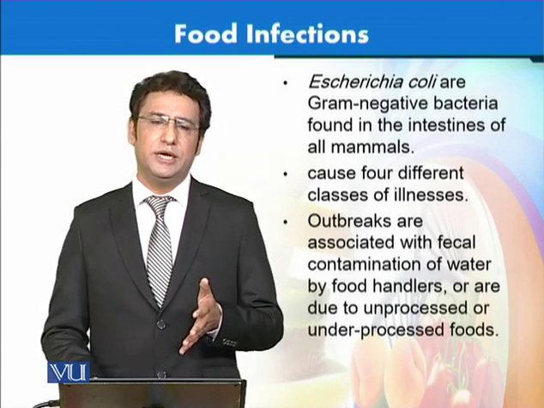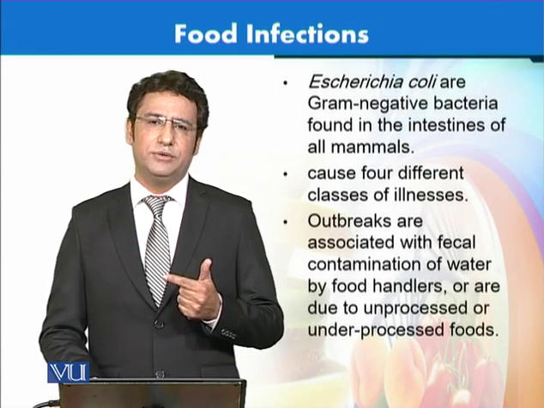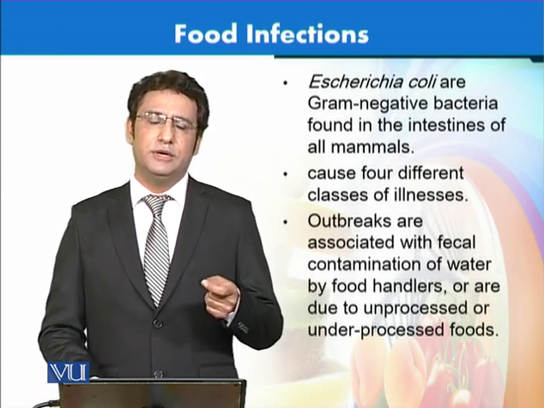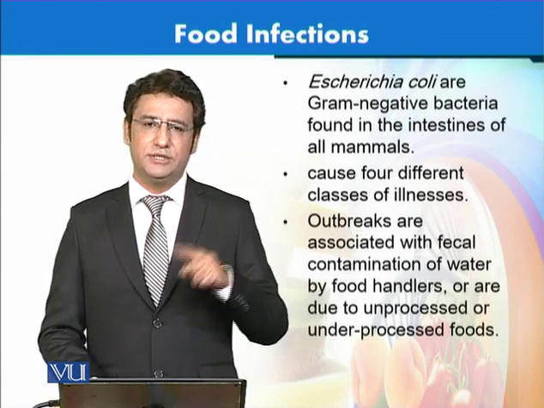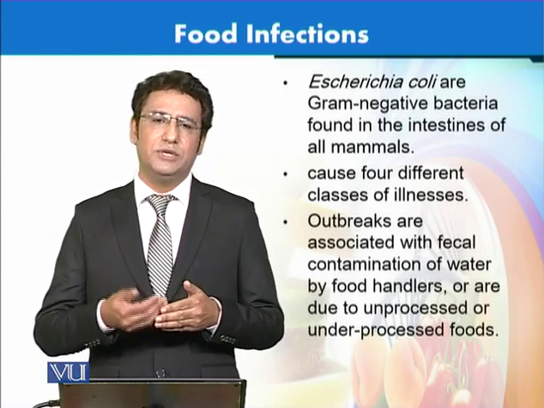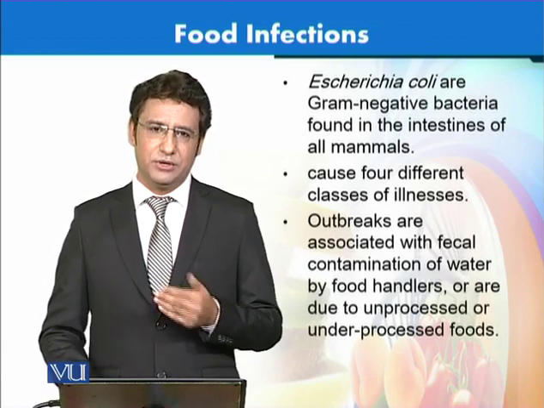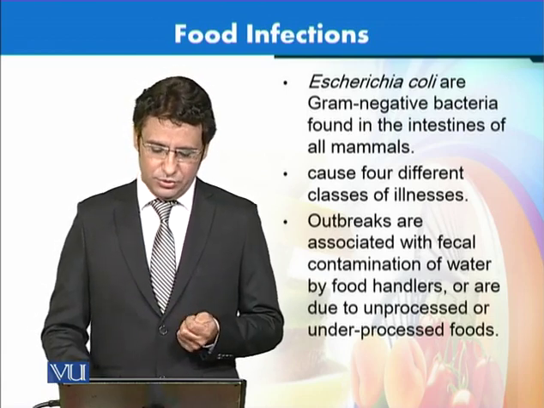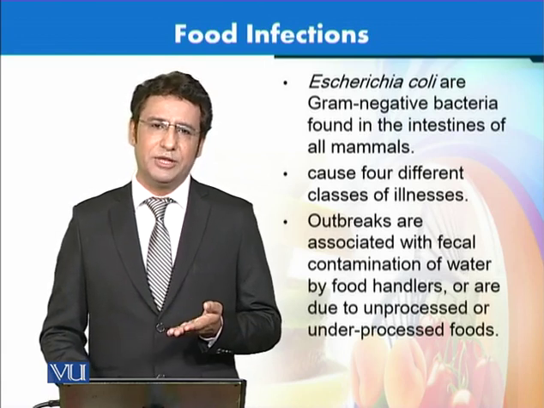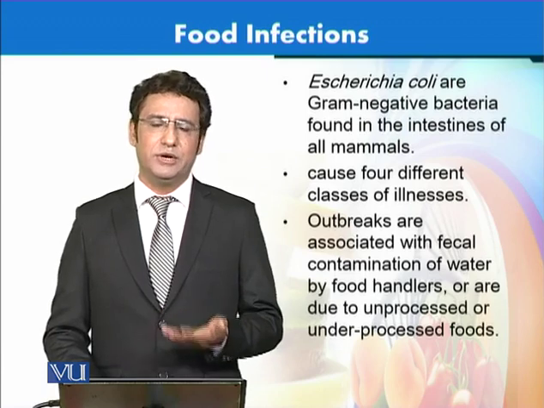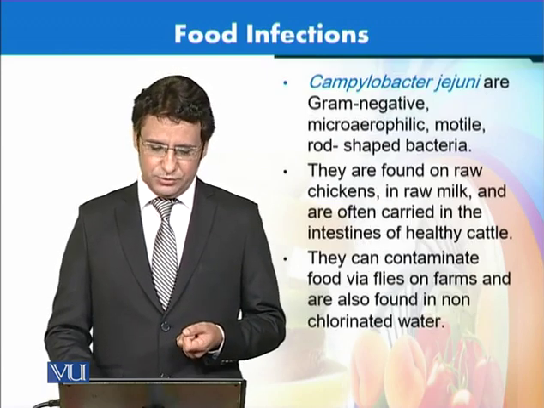By that I mean that once fecal material contaminates water and other things or hands, from there it gets into your food, and from the food, once it is consumed, these infections can spread. So the fecal-oral route is the common route for this kind of pathogen, and it happens in the case of unprocessed or inadequately processed food when it is consumed.